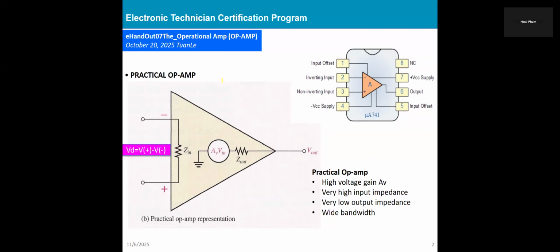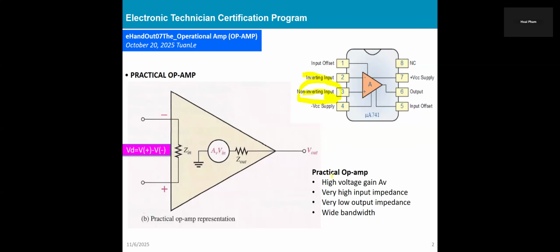Pin number 2 is for inverting, and number 3 for non-inverting. That's the only thing you need to know.